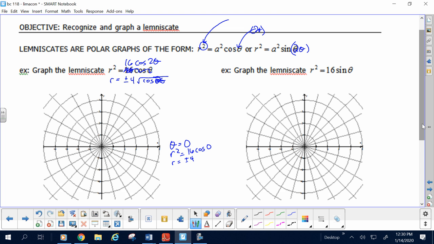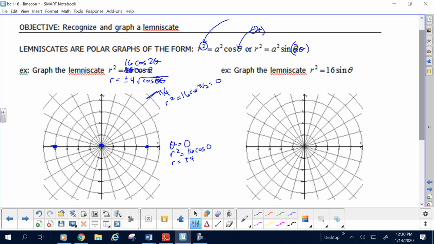You could say r is 4, or r is -4. What about pi over 4? r squared is 16 cosine of pi over 2, if I take 2 pi over 4s, yeah? And what's cosine of pi over 2? 0.